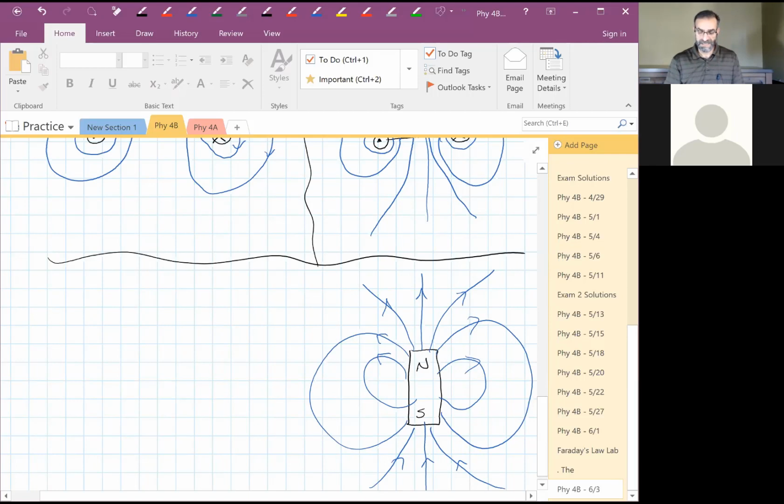But it basically acts like a permanent magnet with a north and south pole. Okay, did that help a little bit?